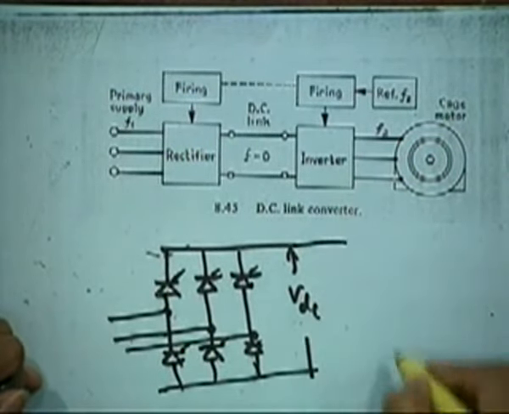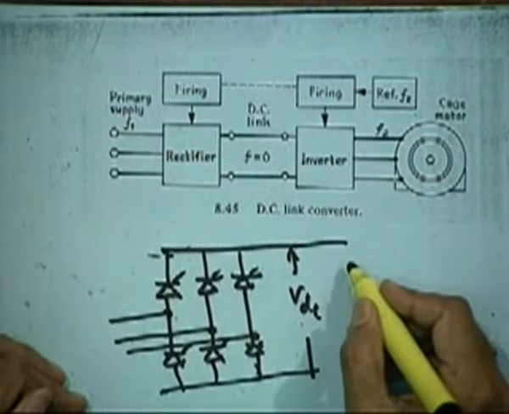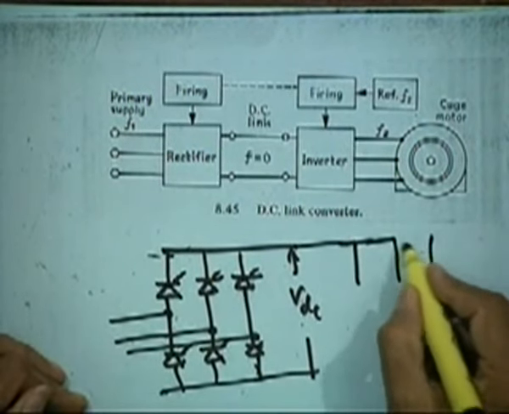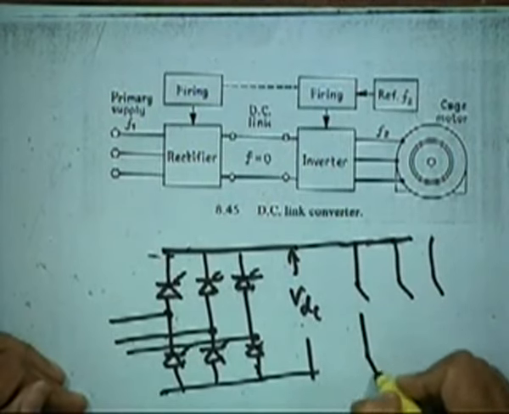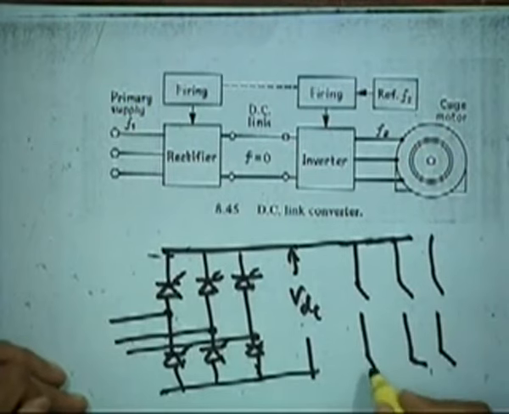Then if you go to the AC side, you do the reverse process. That means you have, let us say, switching. Again, you put 2 switches here, right?